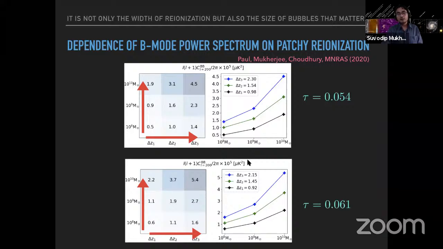But let's ask now again the same question: how does this power spectrum of B mode, secondary B mode, depend on the parameter space, like minimum halo mass and the width of reionization. Here I'm showing you a similar plot with x-axis the width of reionization, the delta z parameter, and in y-axis I'm showing you for different values of the minimum halo mass.